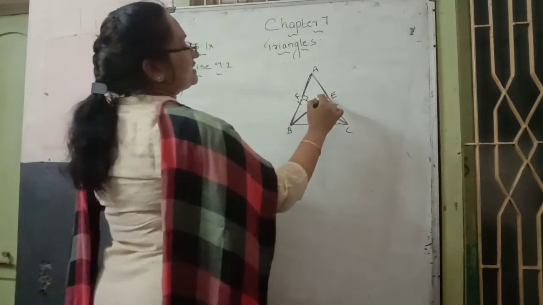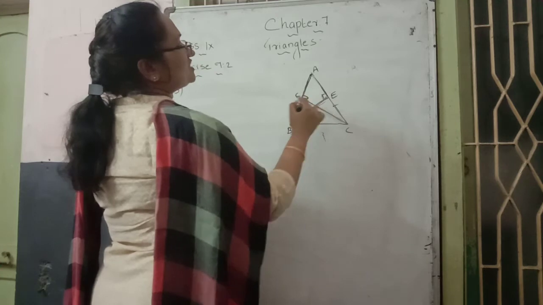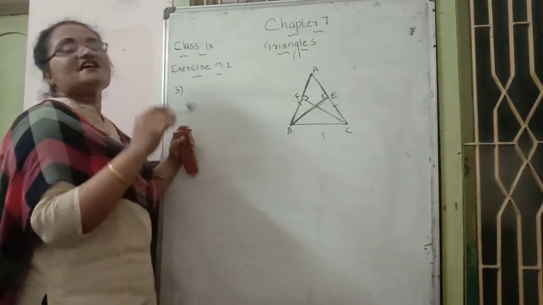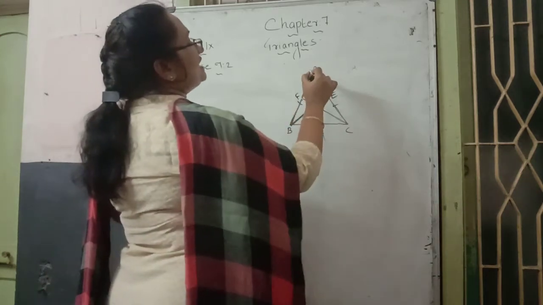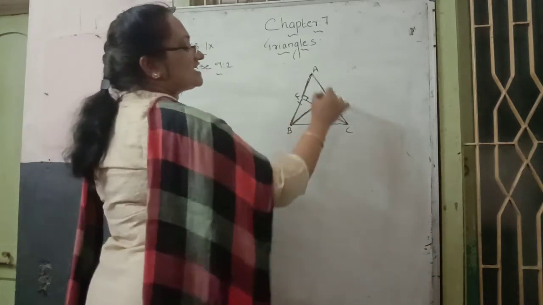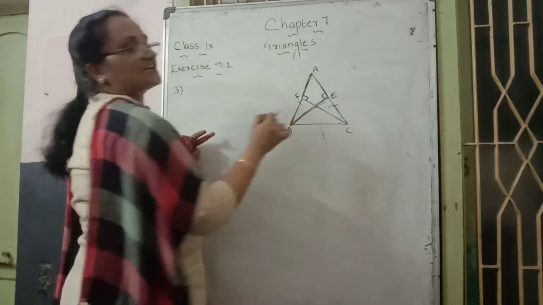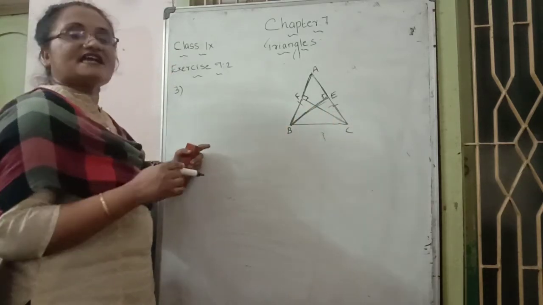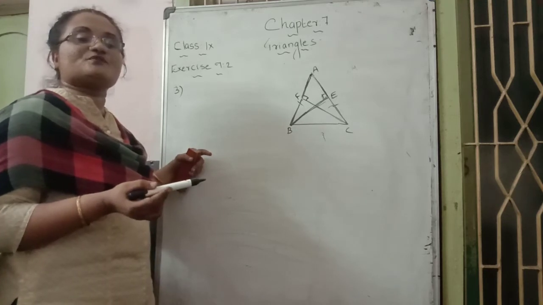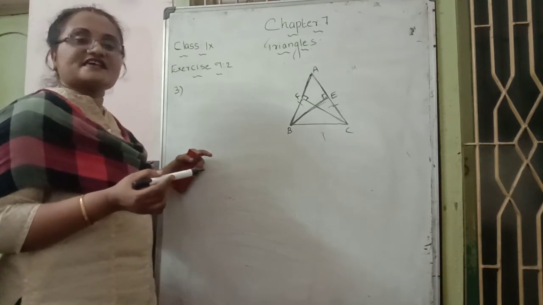Next, angle E and angle F of the triangles make how many degrees? 90 degrees. That is the second condition. The third condition is already given: the AB side of the first triangle and the AC side are equal, since the triangle is isosceles. So three conditions are satisfied. Two angles and one side represent which property? The ASA property.